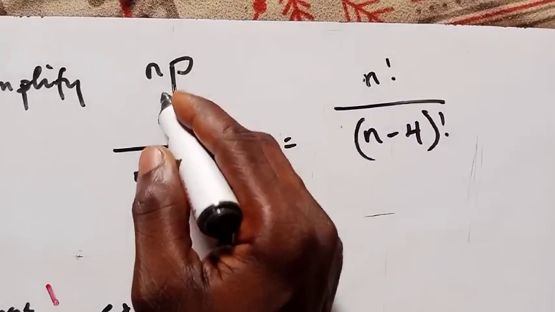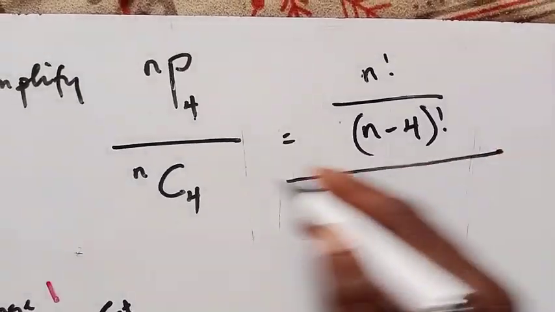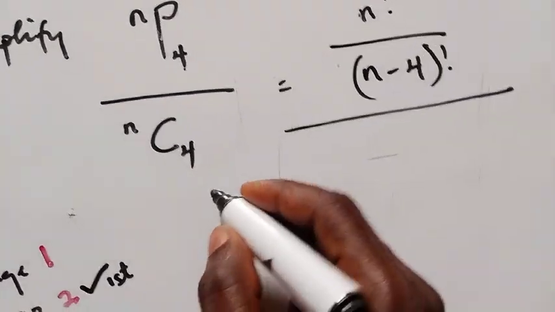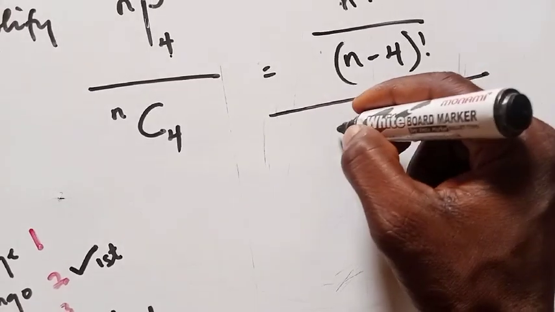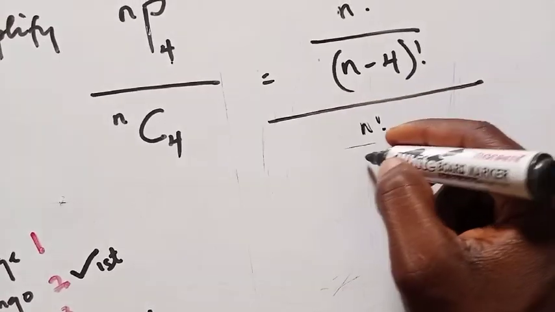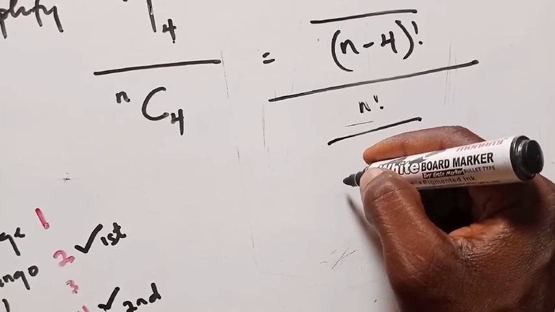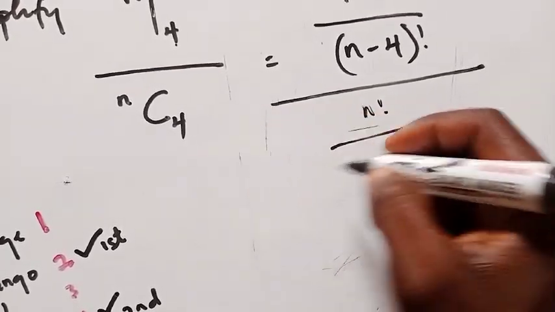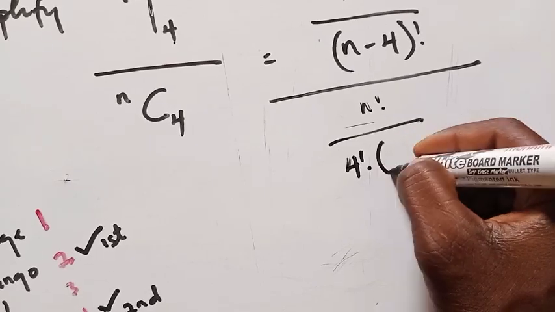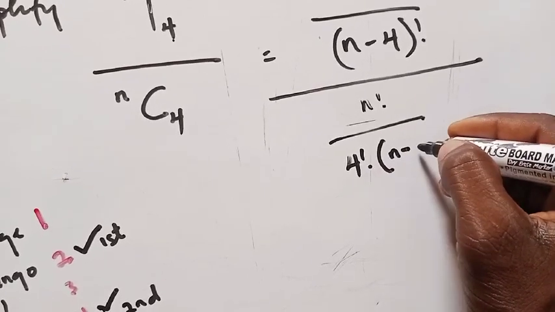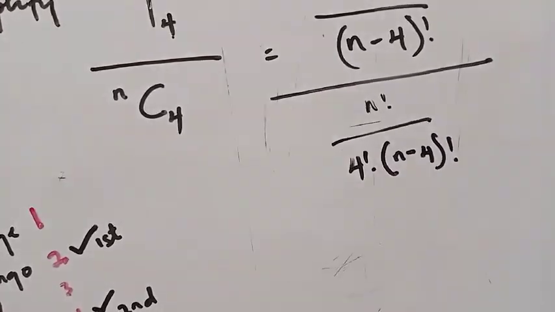This is the factorial for the top one. Remember this definition. With the combination, we have n factorial divided by, how many things are we selecting? We are selecting 4. So 4 factorial, everything times n minus 4 factorial.